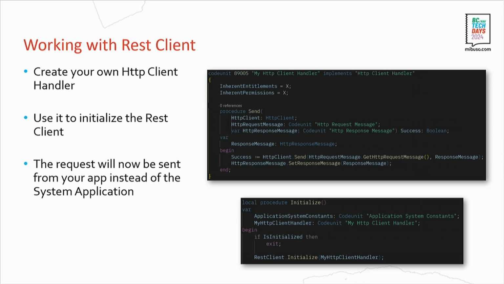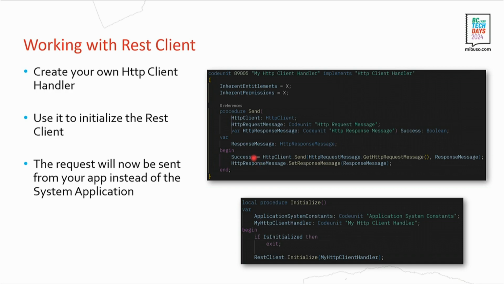Here on this code, this is my code unit, and that code unit has one function in the interface. The HTTP client handler has one function interface, and it is send. It provides you with the HTTP client, the request message that needs to be sent, and the response message that needs to be returned.